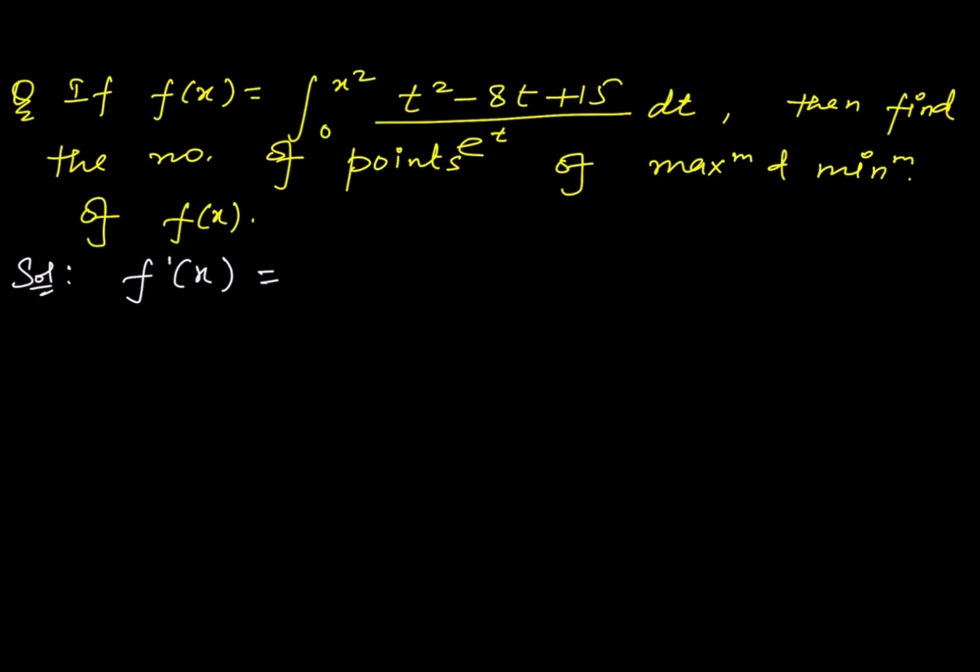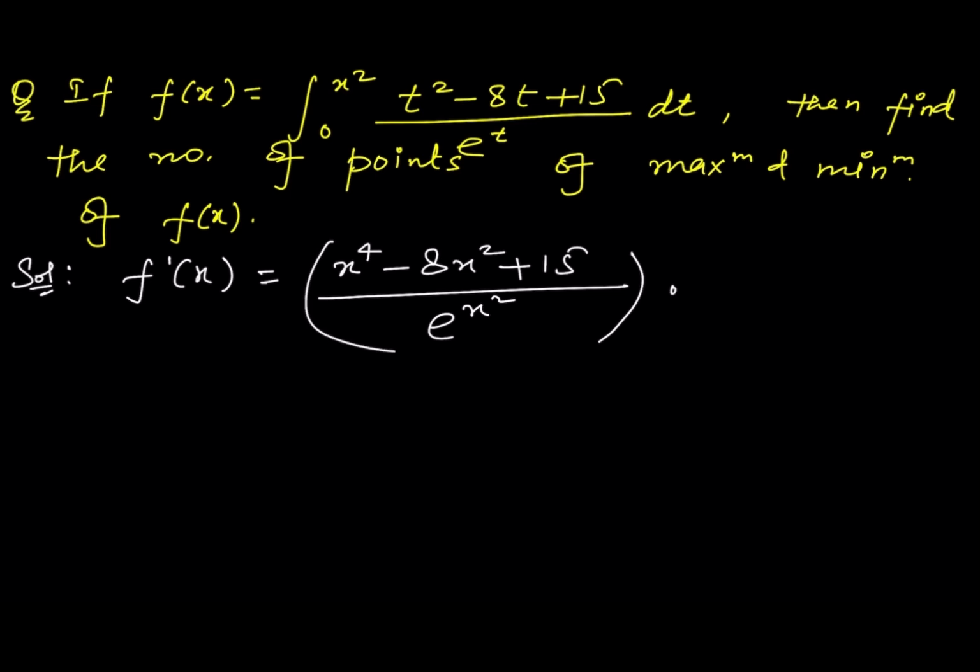So the lower limit is 0, so the second term will be 0, and the first term will become x to the power 4 minus 8x square plus 15 upon e to the power x square, into the differentiation of the upper limit, that is 2x.